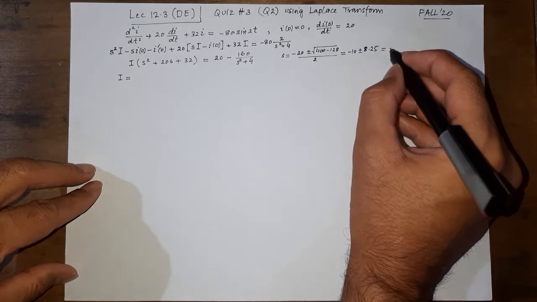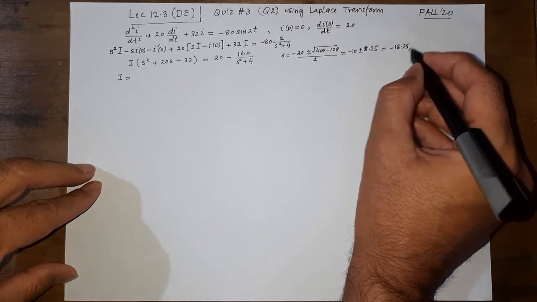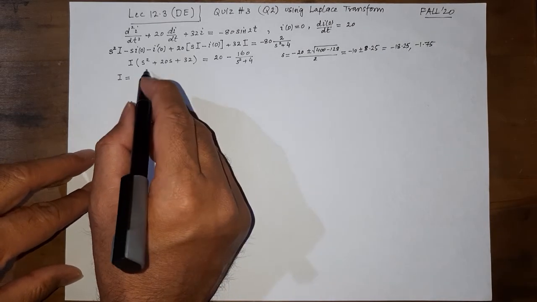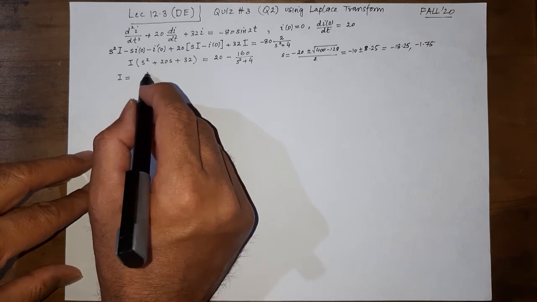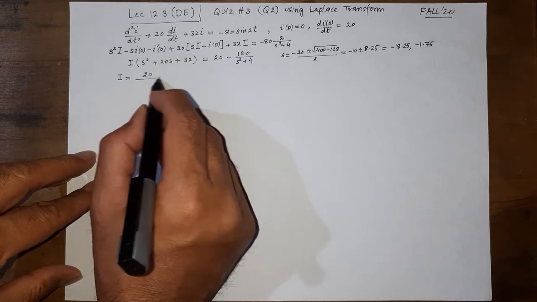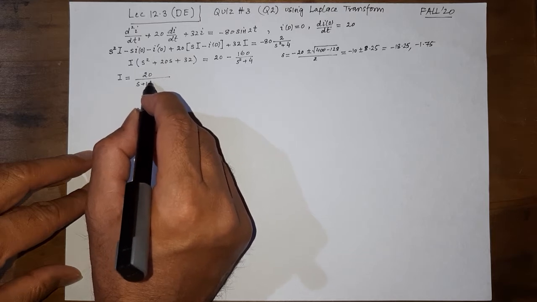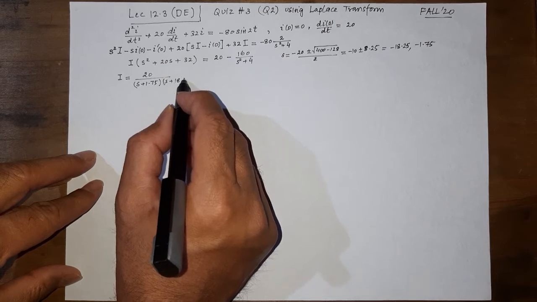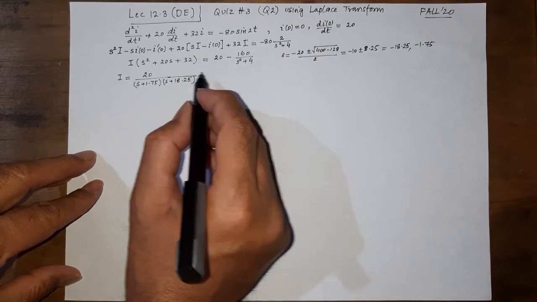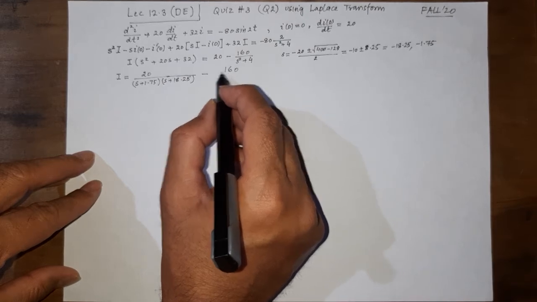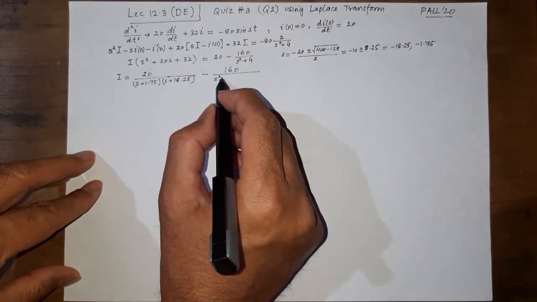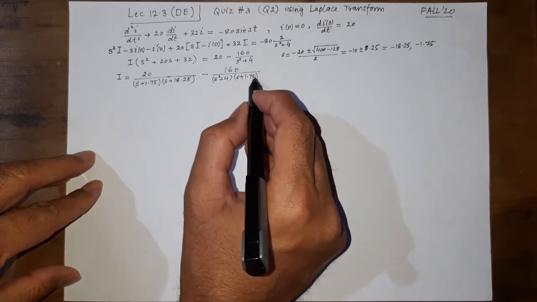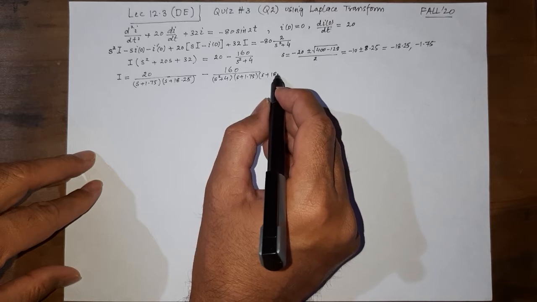So we got two values, minus 18.25 and minus 1.75. With this factorization, it's easy to now write I as equal to 20 over s plus 1.75 into s plus 18.25, minus 160 over s square plus 4 into s plus 1.75 into s plus 18.25.